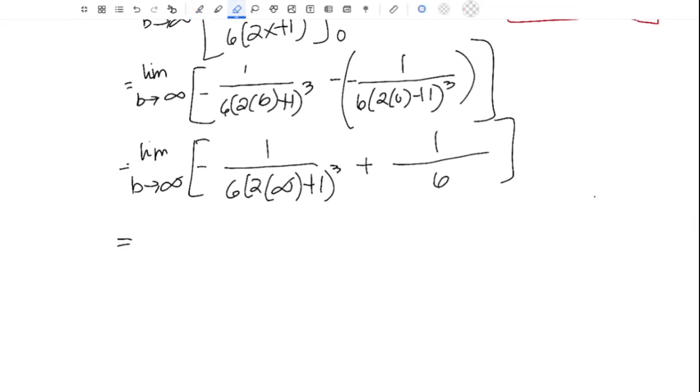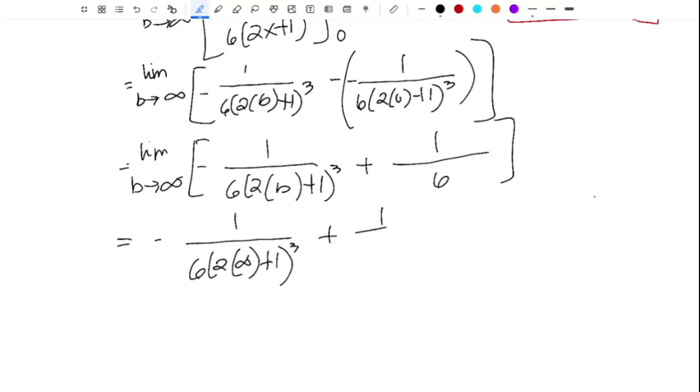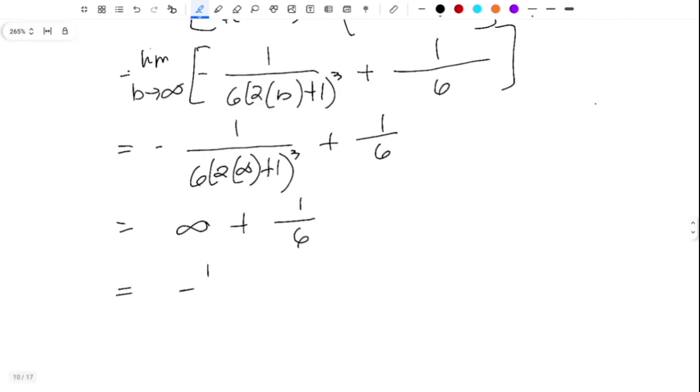This is still b since we haven't applied the limit yet. Applying the limit, negative 1 over 6 times (infinity plus 1) cubed plus 1 over 6. We have 1 over 6.